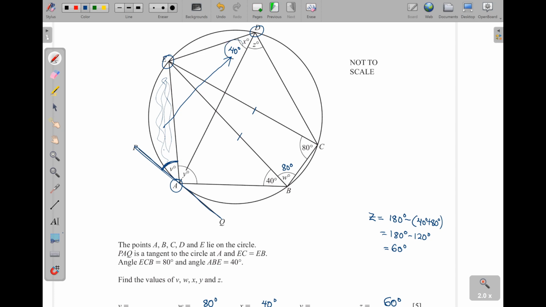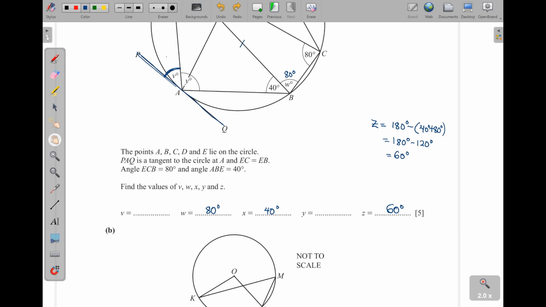This angle which you get here is exactly the same as the one that is formed between this chord and the tangent. So that is what we call the alternate segment theorem. Okay, so V has to be equal to 40.